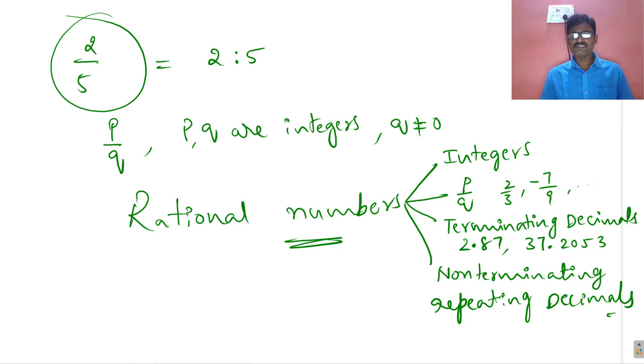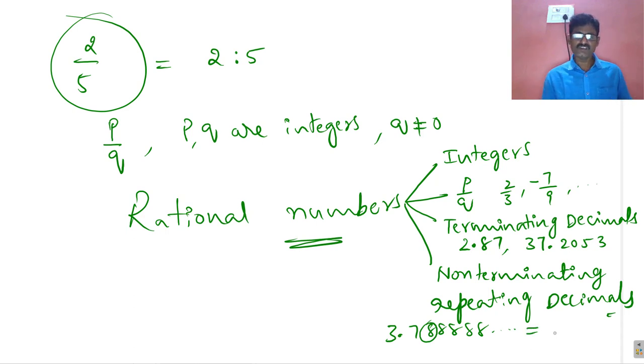Then repeating means some block of digits in the given non-terminating number. If some block of digits is getting repeated, then that is said to be a non-terminating repeating decimal number. For example, 3.78888 and so on. This is a non-terminating decimal number, but here 8 is getting repeated. So this is said to be a non-terminating repeating decimal number.